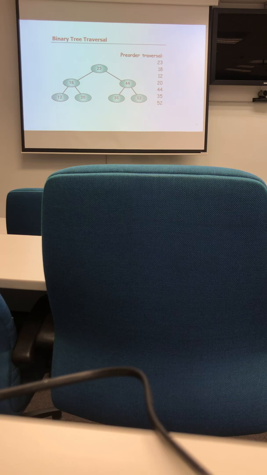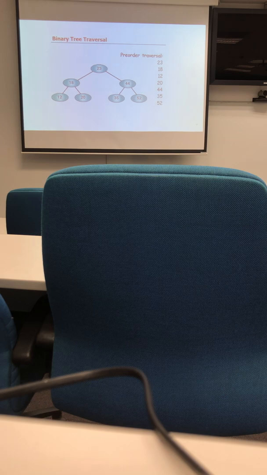So the left subtree of 23 is here, and the right subtree of 23 is here. After we visit 23, we traverse the left subtree of 23 using the same method, also pre-order traversal.